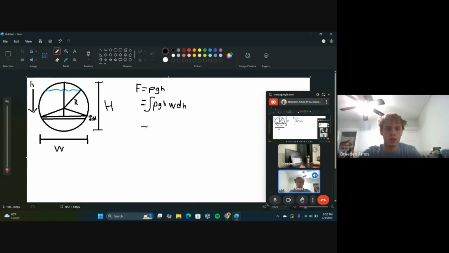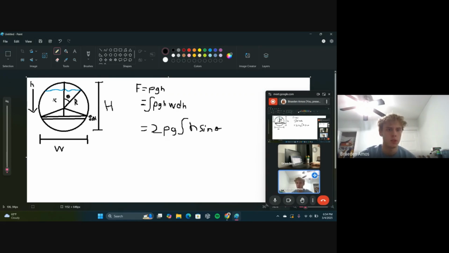So the best way to do this is to divide. So we rewrite this integral as 2 rho g, and then the integral of h because it's in terms of h, and then the width. So that'll be related to sine of theta, and this thing over here is going to be theta.